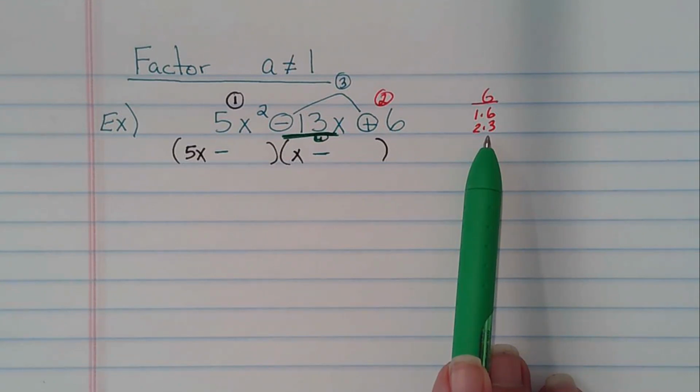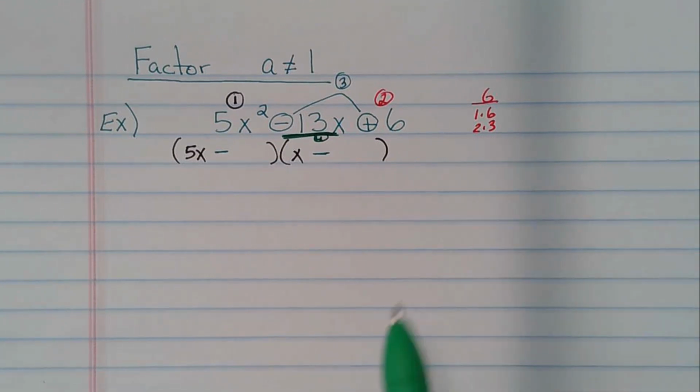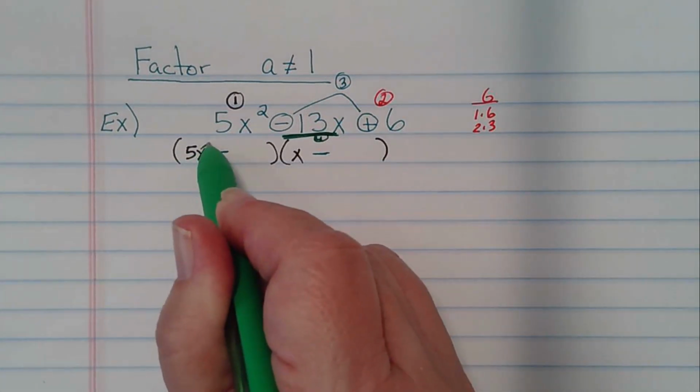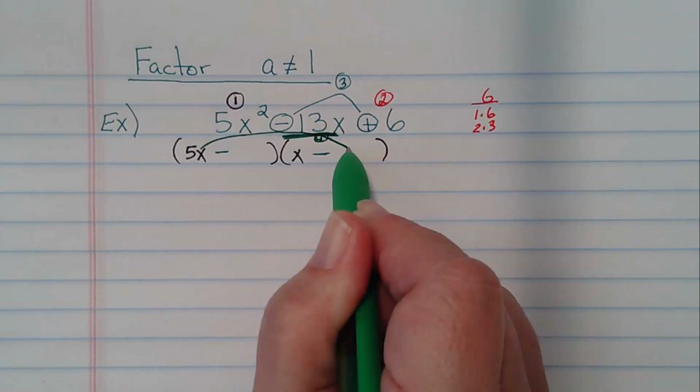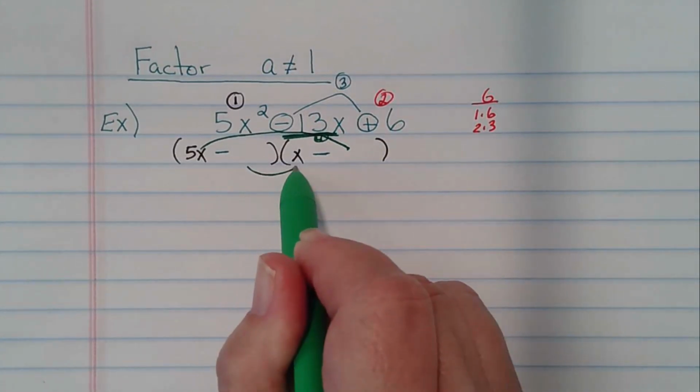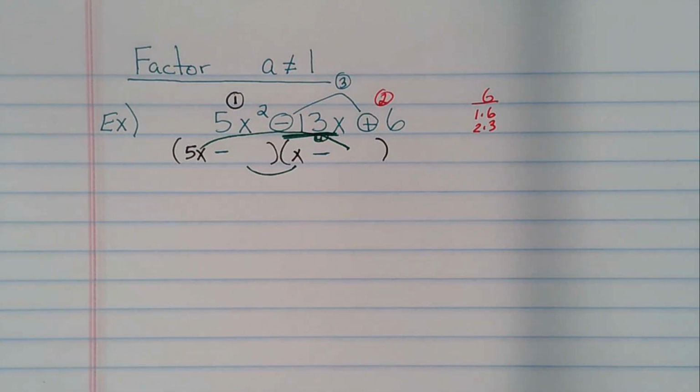But here's where the twist comes in. Because one of the numbers is going to get multiplied by 5, but the other number is only going to get multiplied by 1. So I have to keep that times 5 in mind.